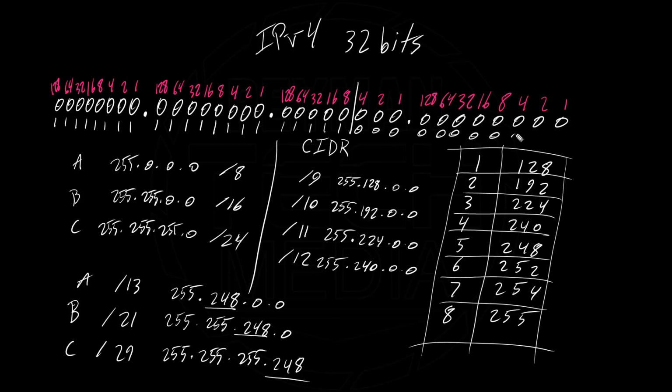Zeros, host bits, ones, network bits. So here in this case, when we talk about 21, they borrowed 5 bits, so we can see on the third octet, because 8 plus 8, 16, 17, 18, 19, 20, 21. So that's on the third octet. We just write 248 on the third octet because this is on the third octet.